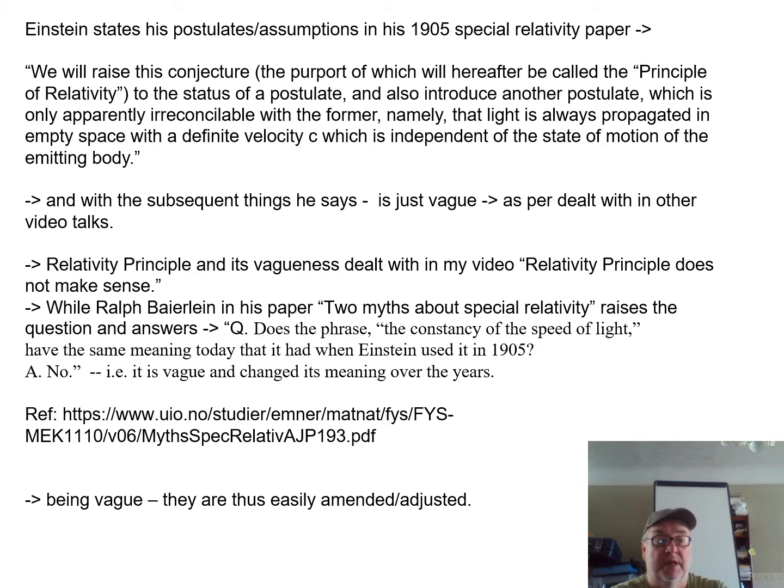Now, Einstein states his postulates or assumptions in his 1905 special relativity paper, where he says we will raise this conjecture, the purport of which will hereafter be called the principle of relativity, to the status of a postulate, and also introduce another postulate which is only apparently irreconcilable with the former, namely that light is always propagated in empty space with a definite velocity c, which is independent of the state of motion of the emitting body.